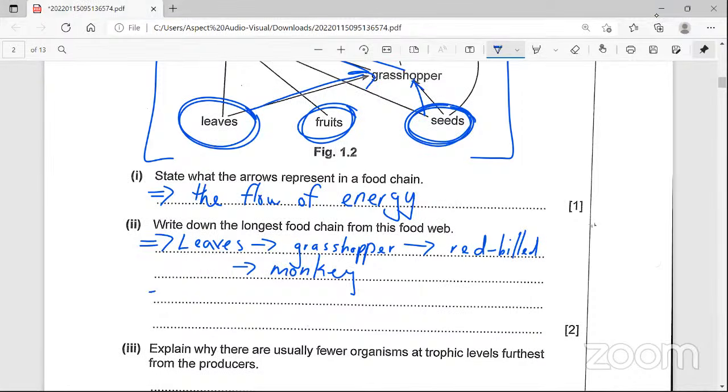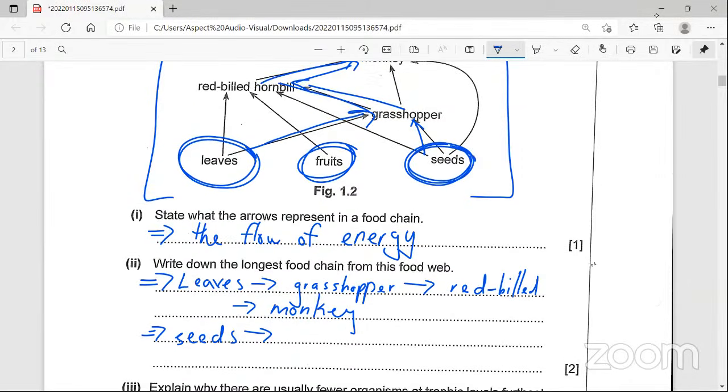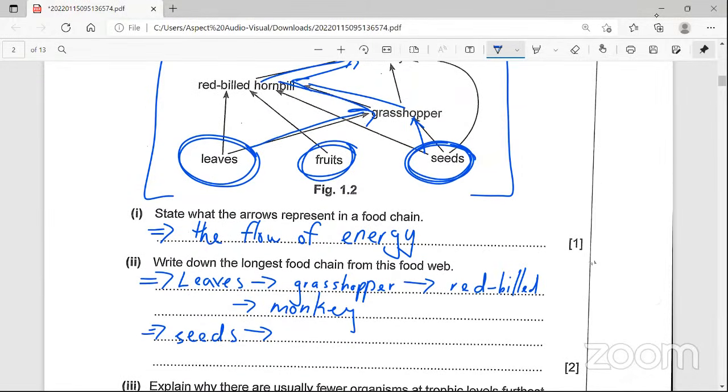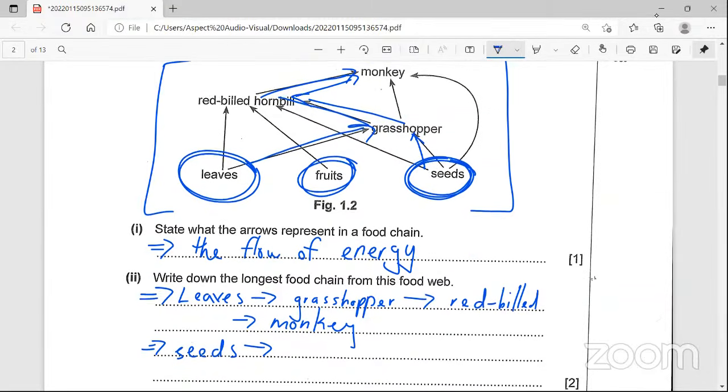And then what is the other one? There are seeds. You can write any of them, you get your marks. So remember, you just need to show that there are 4 and then the arrows, and they'll give you your marks. That's where the 2 marks are. Any of those 2.